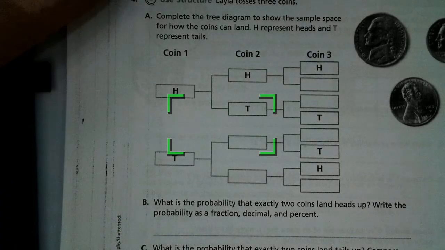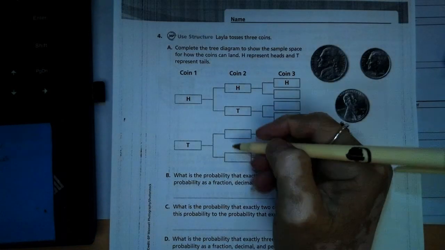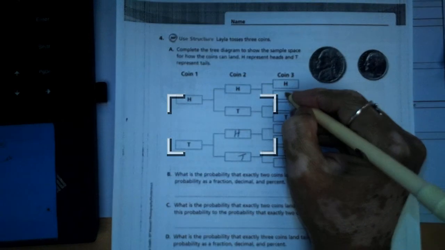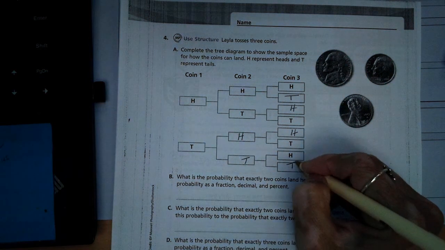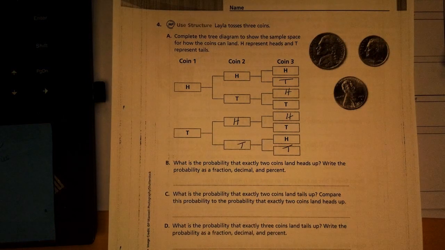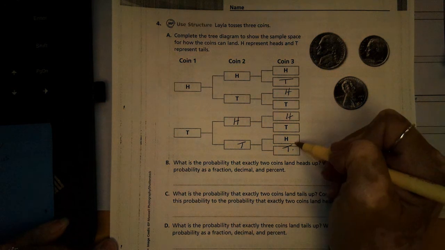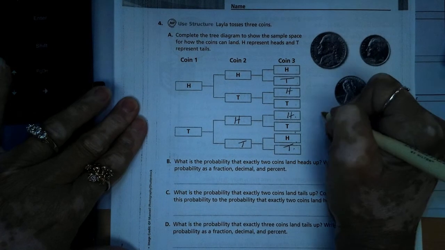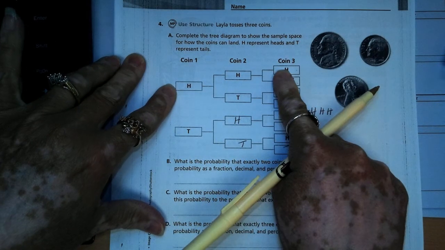All right, so what did we fill out? Well, that's easy. Coin 2 is heads and tails. Okay, how many outcomes do we have? 14. I think 14 is right. 1, 2, 3, 4, 5, 6, 7, 8. So what I would do, Xander, is write down what my possibilities are.